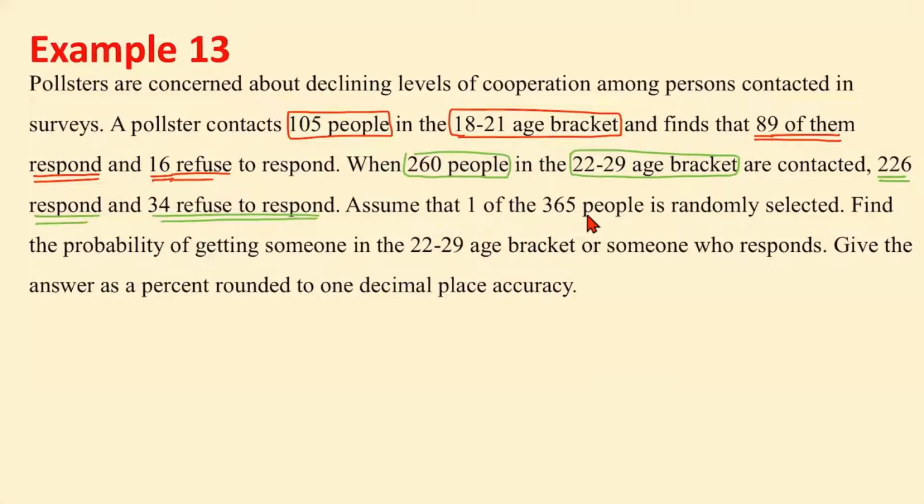Assume that 1 out of 365 people is randomly selected. 365 because we have 105 people in that age group and 260 people in this age group, so the total will be 365. If a person is selected randomly, we have to find the probability of getting someone in the age group 22 to 29 bracket, or someone who responded. And we are asked to give the answer as a percentage.